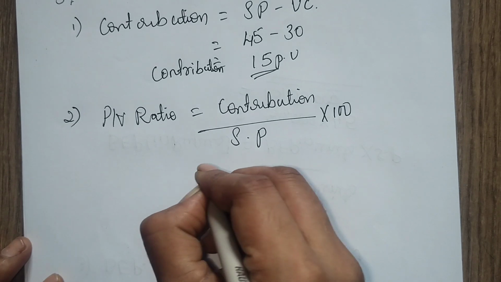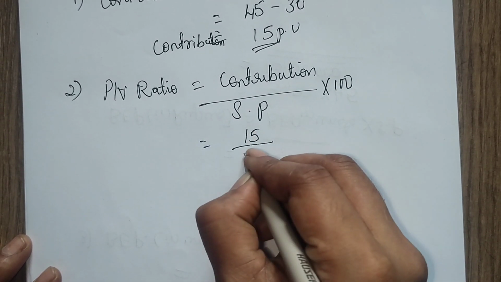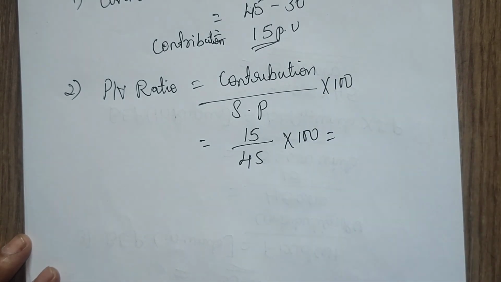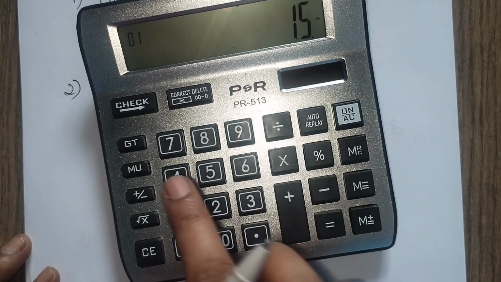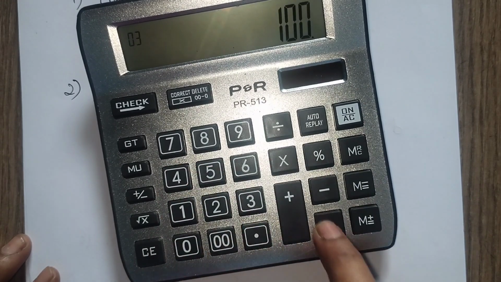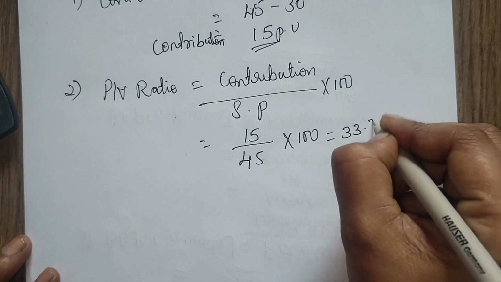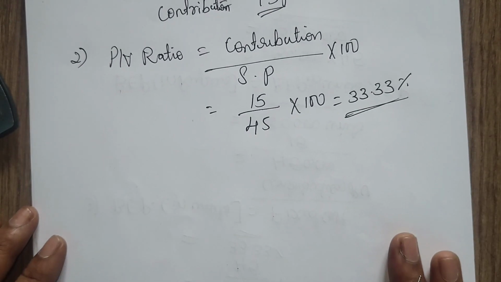That is PV ratio. Contribution is how much? 15 per unit. Selling price is 45 per unit into 100. 15 divided by 45 into 100 is 33.33. 33.33% is the PV ratio.